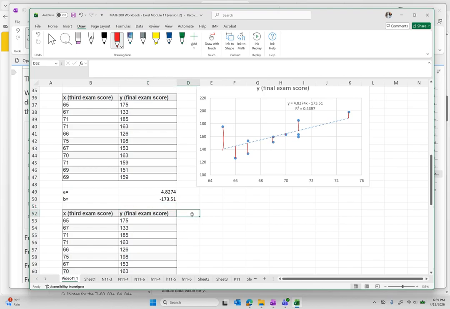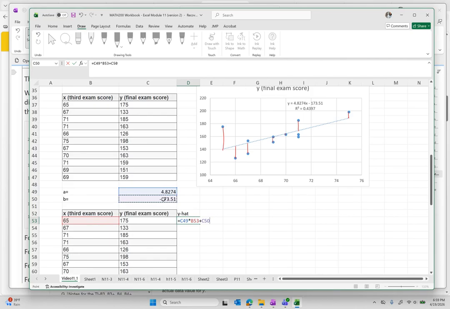And I'm going to use those to find y hat for each of the values of x. So I'm going to say y hat equals a times the x plus the b, ax plus b.